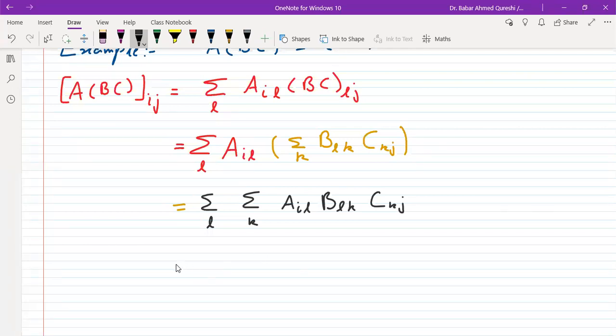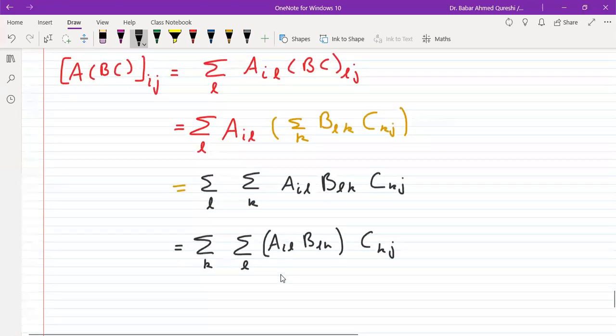It doesn't matter at all, so I can change the order of summation. And since these are just numbers, I can multiply these two first and leave it like that.